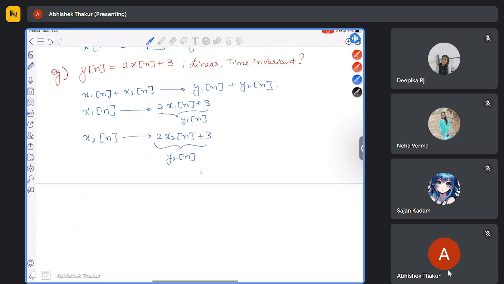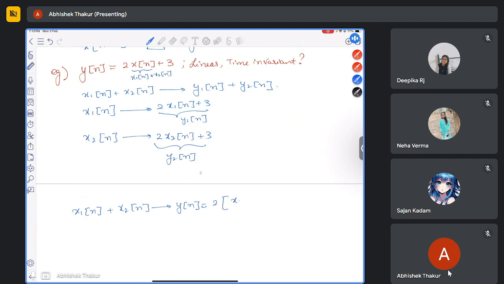Now, when you give x1[n] plus x2[n] as input, what will y[n] be? y[n] will be 2 into the input, and the input we are giving now is x1[n] plus x2[n].